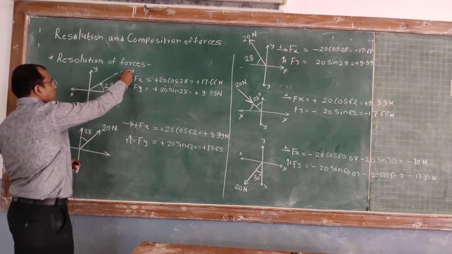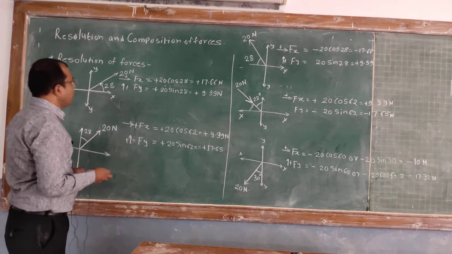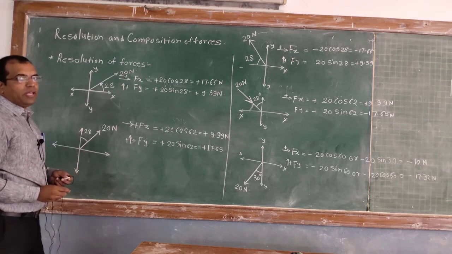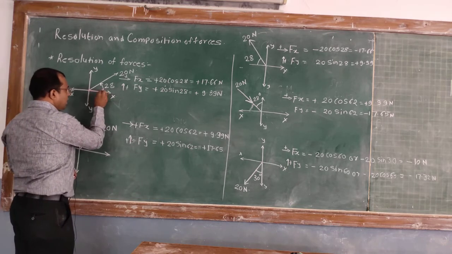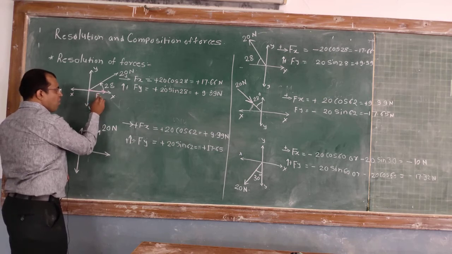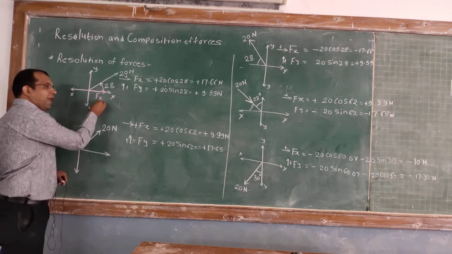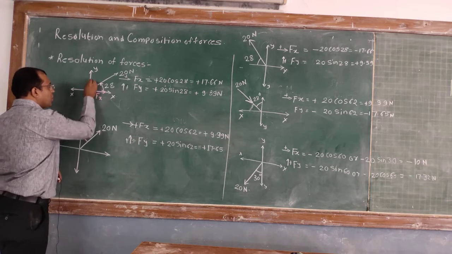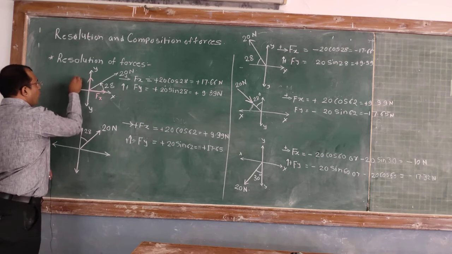We have to find its two components which are perpendicular to each other. The first component is in the x direction, denoted F suffix x. Another component, perpendicular to this one, is F of y.